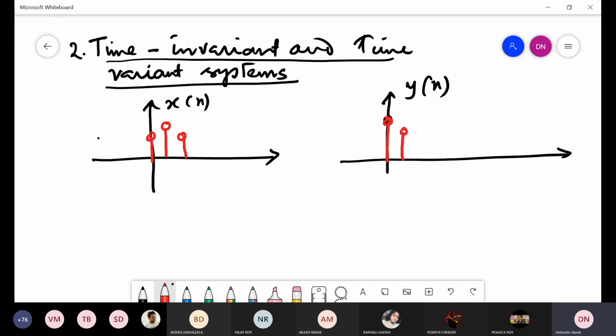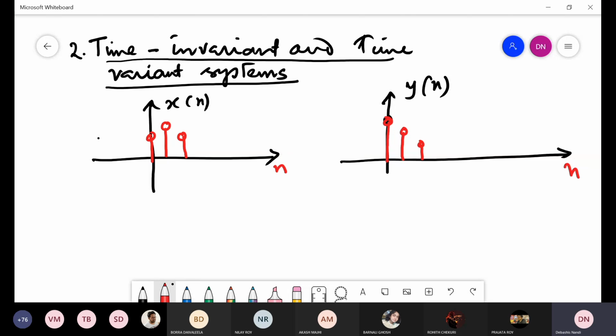Suppose the system is such that at the output it is giving like this. This is n. Okay. Now this is input and this is output. The input samples are for n equal to 0, 1 and 2. We are getting these 3 samples. And the output also, I am getting for n equal to 0, 1 and 2.